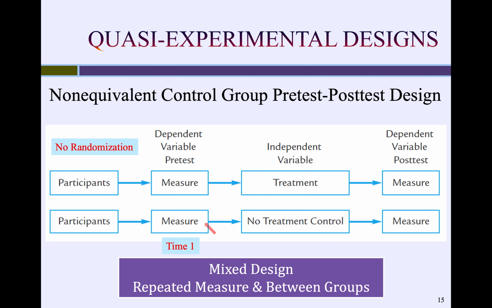And again, time 1, time 2, you have these participants who are part of the experimental group, right, who are given that measure. Then, of course, the independent variable, the treatment they're given, and then you can assess the outcomes on that smoking measure, that dependent variable post-test at time 2.